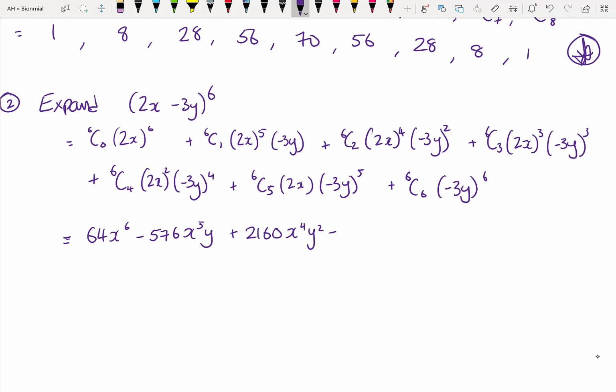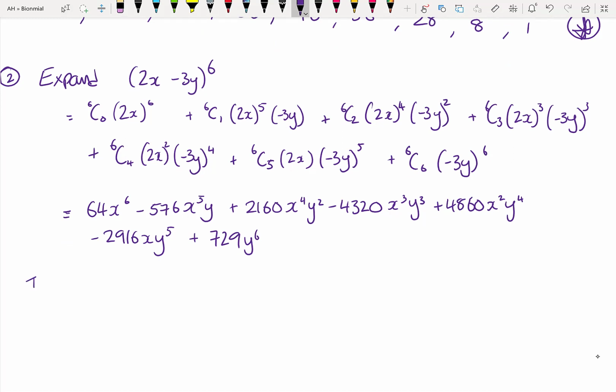So it should be minus 4320 x cubed y cubed, plus 4860 x squared y to the 4, minus 2916 x y to the 5, plus 729 y to the 6.